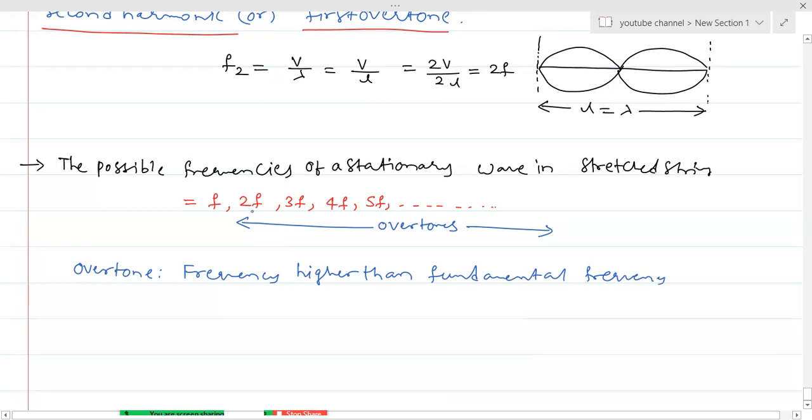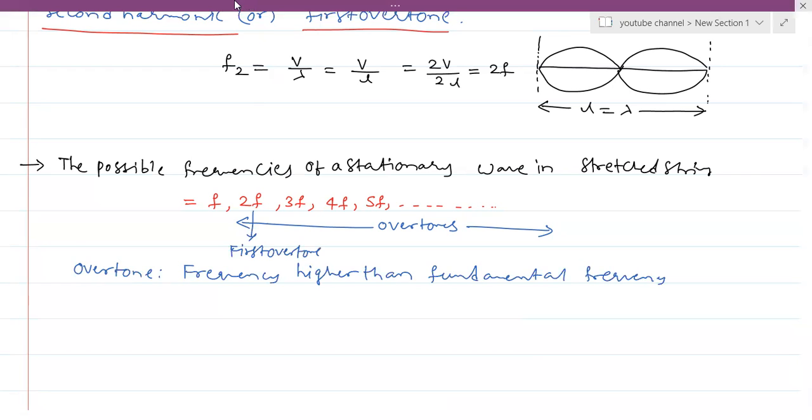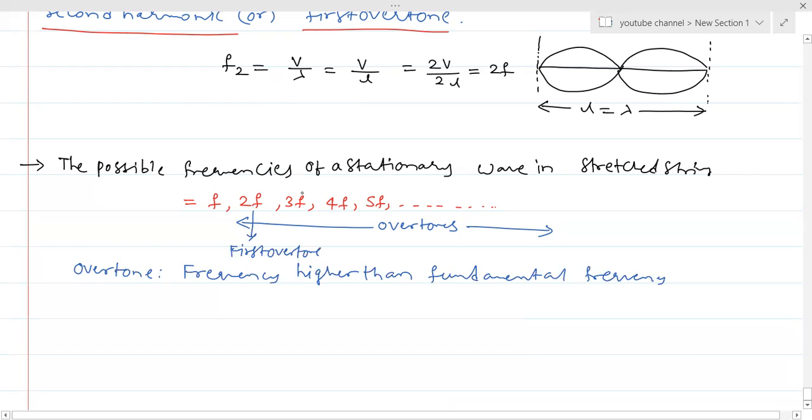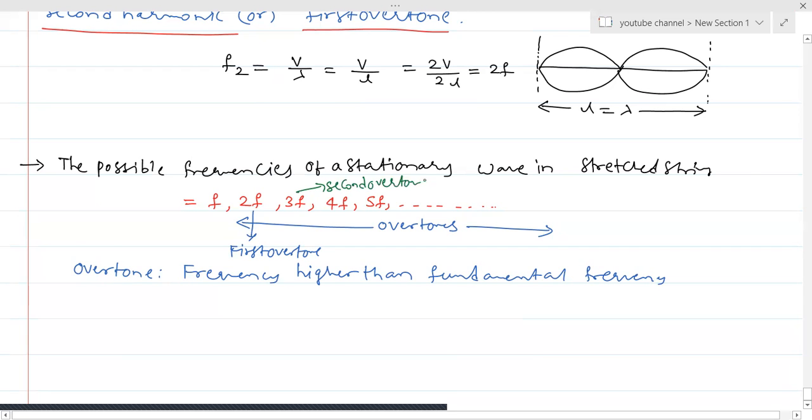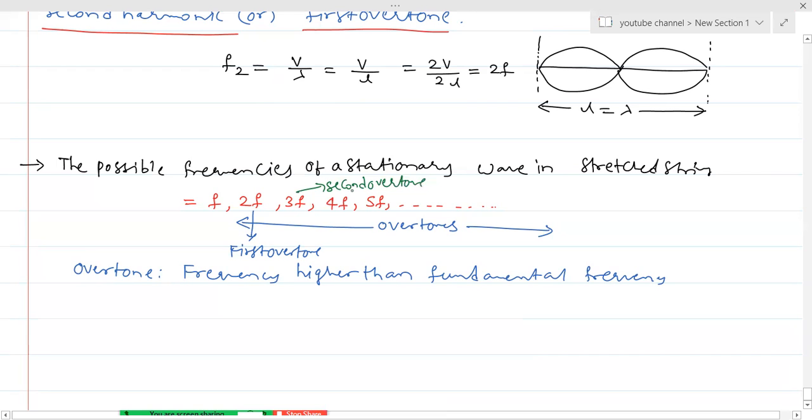As this arrives in the first place, it is called the first overtone. And as this arrives in the second place, it is called the second overtone. In this way, without confusion, we easily understand the harmonics as well as overtones.